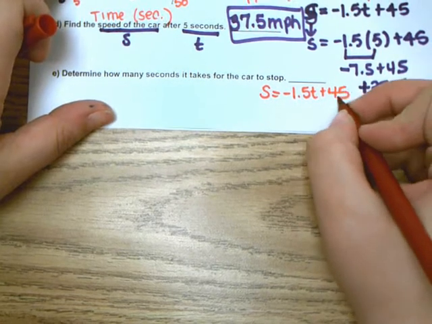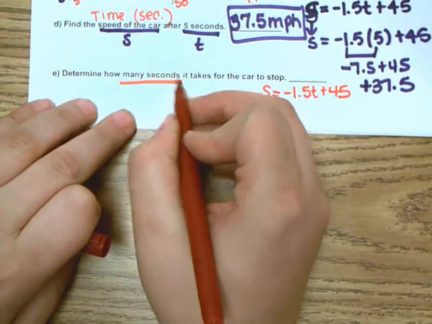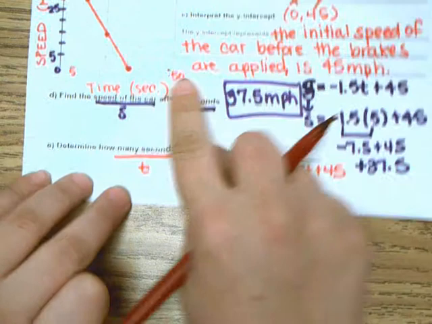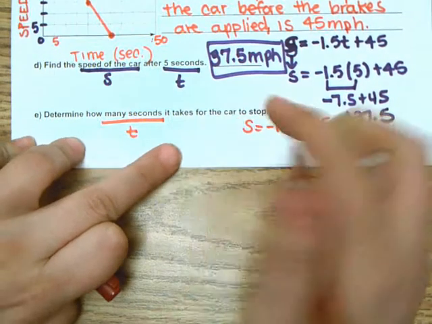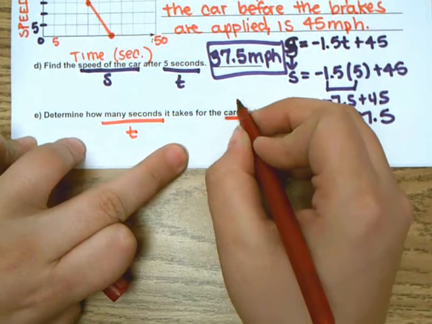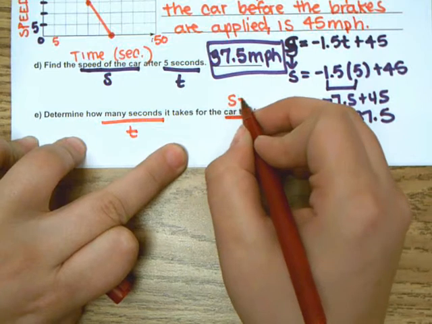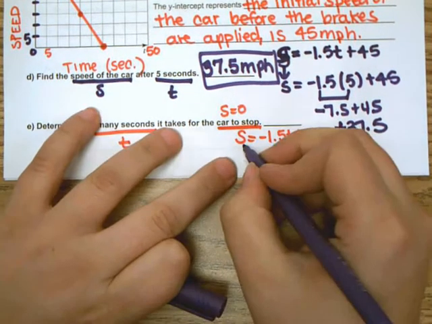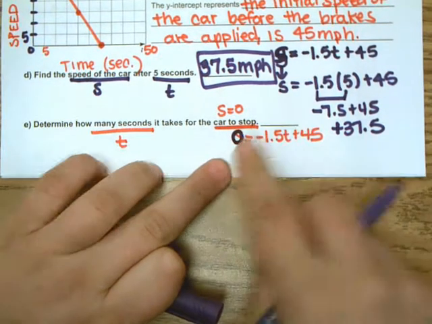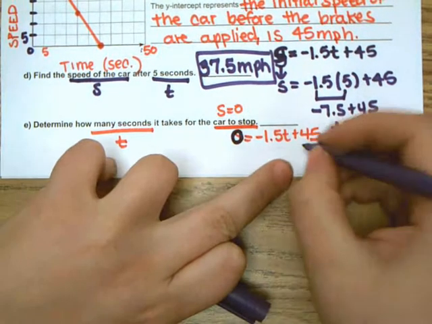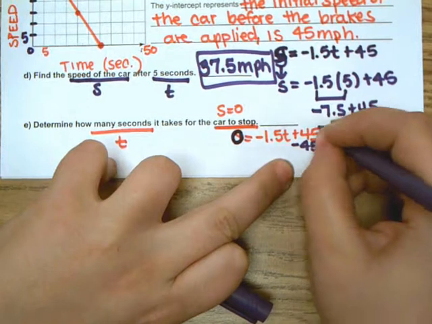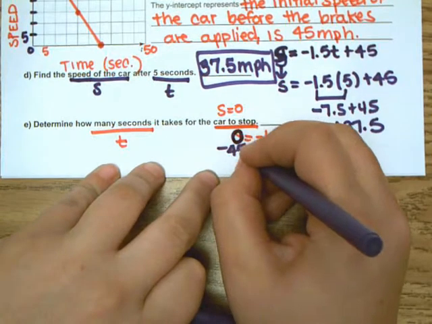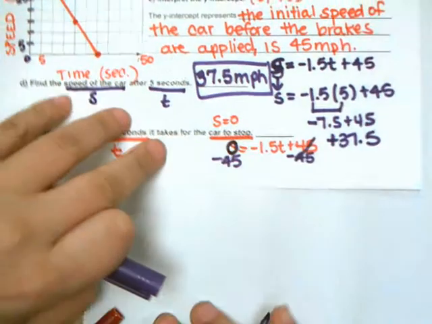Okay, part E. Determine how many seconds it takes for the car to stop. So the speed of the car, I'm going to copy down the formula. It says how many seconds, and the seconds is the time, so t, for the car to stop. And when the car is stopping, the speed is 0. So I'm going to plug into my formula 0 for the speed.